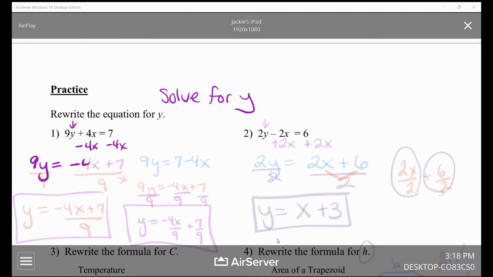I prefer to keep my x term first, but if you'd rather write it as 7 minus 4x, that's also okay. Now to solve for y, we are multiplying y by 9, so we want to divide both sides by 9.